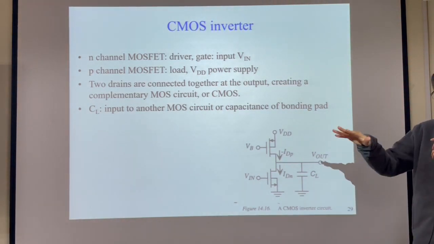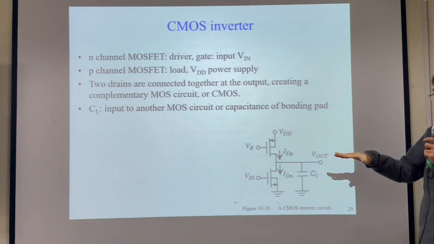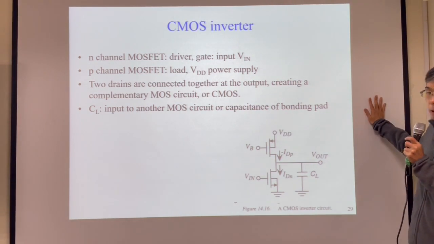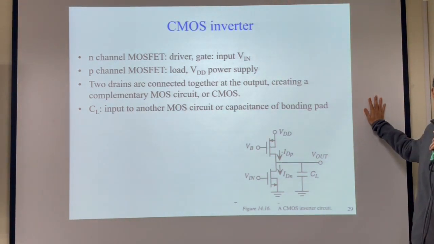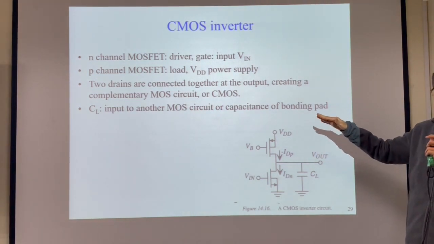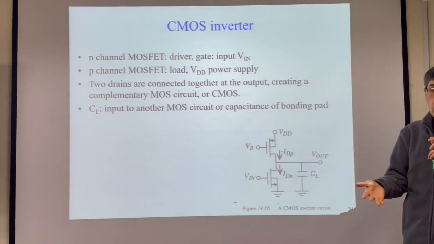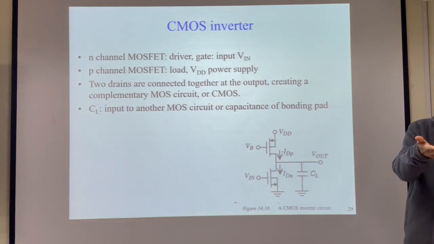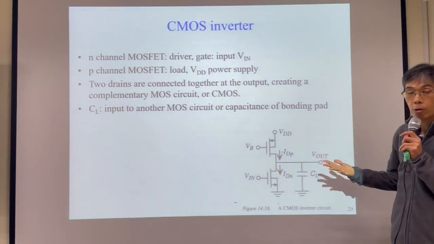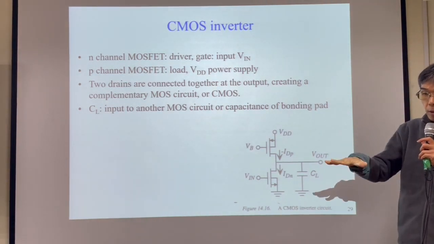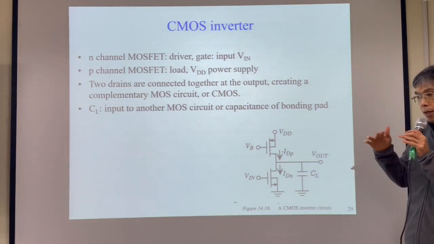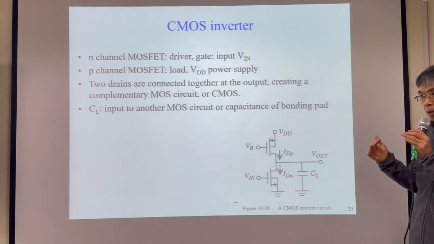So you need to add the bonding pad to try to explain why your simulation result and your measurement result are different. Because there are a lot of things you didn't consider in your HSPICE simulation. Bonding pad, we have the capacitance. So that's why you need to add the bonding pad to your SPICE model, to try to explain why the results are different.